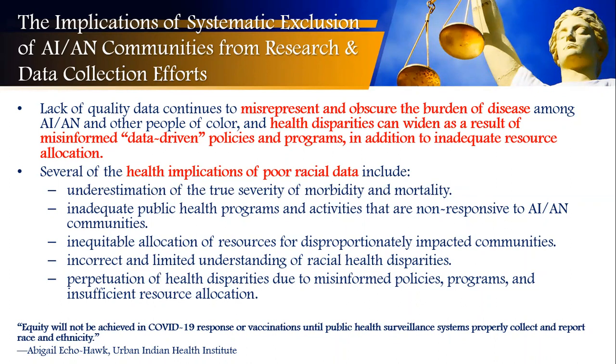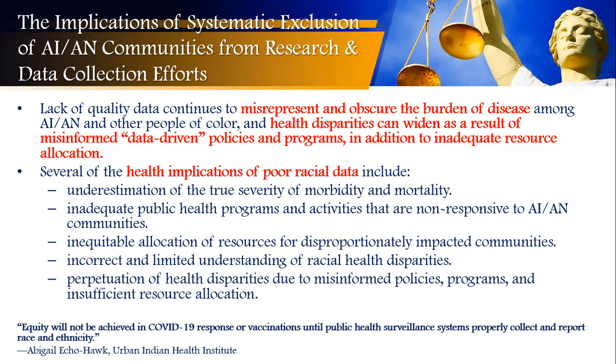allocation. So as I mentioned previously, when we don't have complete and adequate data, then we end up with misinformed policies and programs, and we also end up with an insufficient amount of resource allocation. Oftentimes the federal government as well as state and local government rely on data in order to make decisions about how to allocate certain resources.